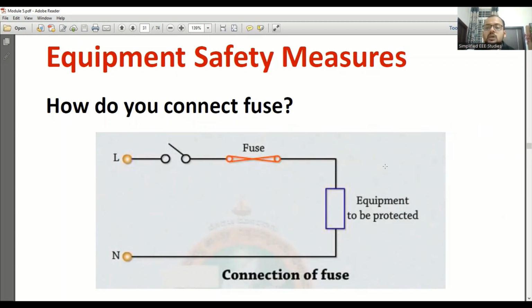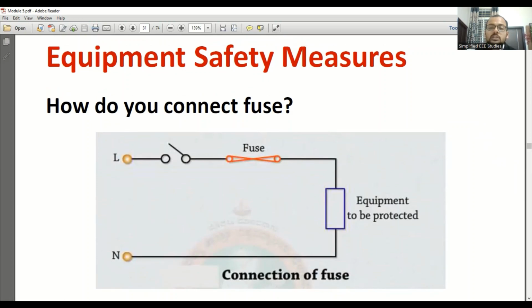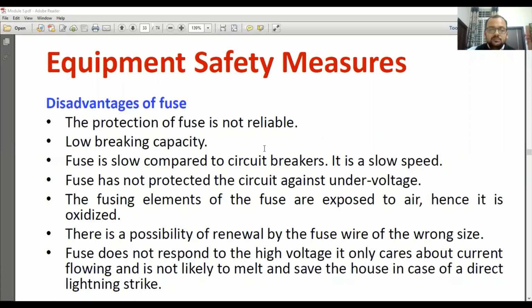Different ratings of fuses are available, like 5 ampere, 32 ampere, etc. Then how does the fuse ensure protection? How does the fuse operate? All these things you can observe from the PPT and you can follow up the answer.